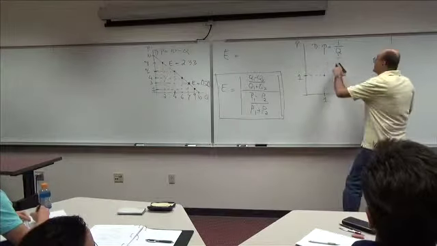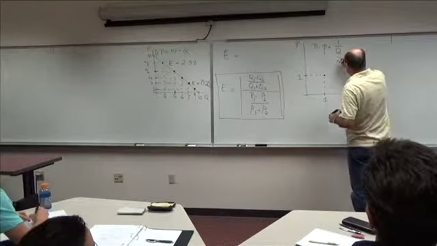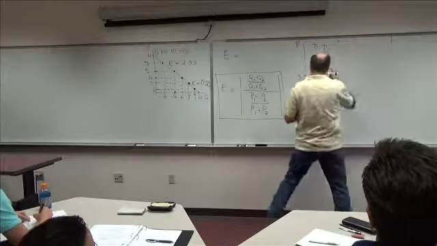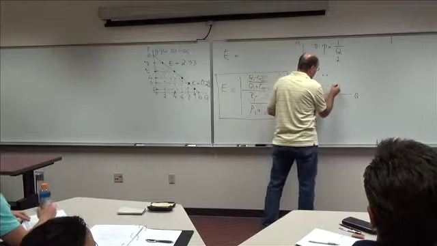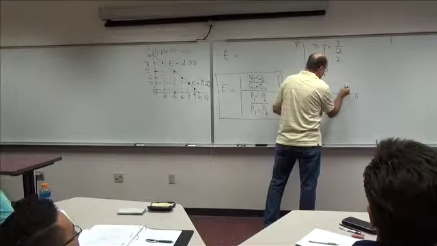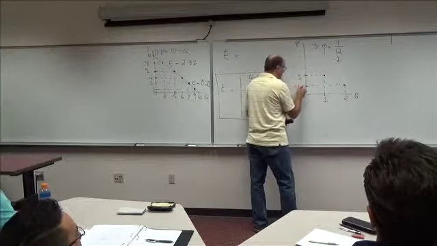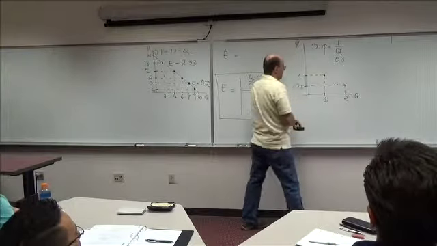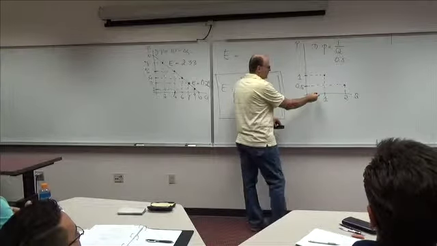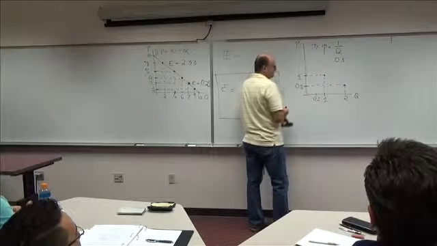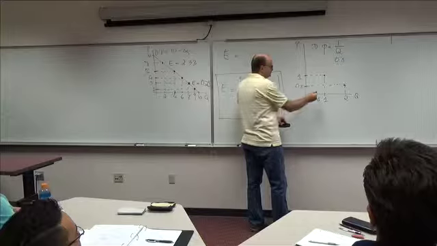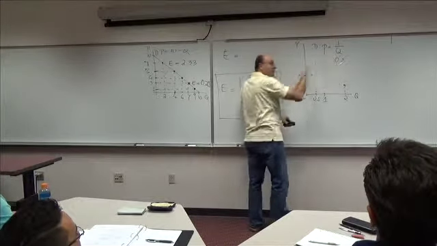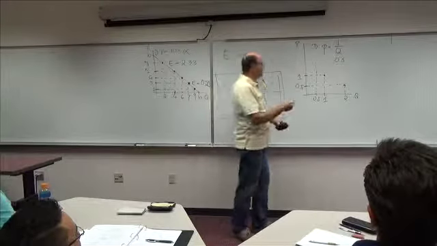What if the quantity were 2? 0.5. What if the quantity was 0.5? One divided by 0.5, how much is that? 2. 2, exactly.